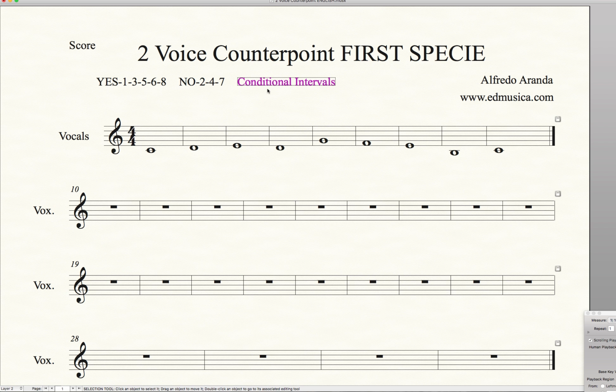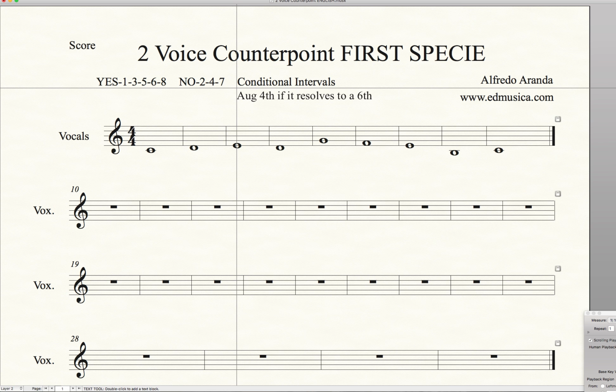Okay, and these conditional intervals are the augmented fourth, and that if it resolves to a sixth, and that can only be using the F and the B. There is no other augmented fourth unless we alter the sound of the scale, but we're not going to do that. We're going to do that later, and we're going to see that that actually works.